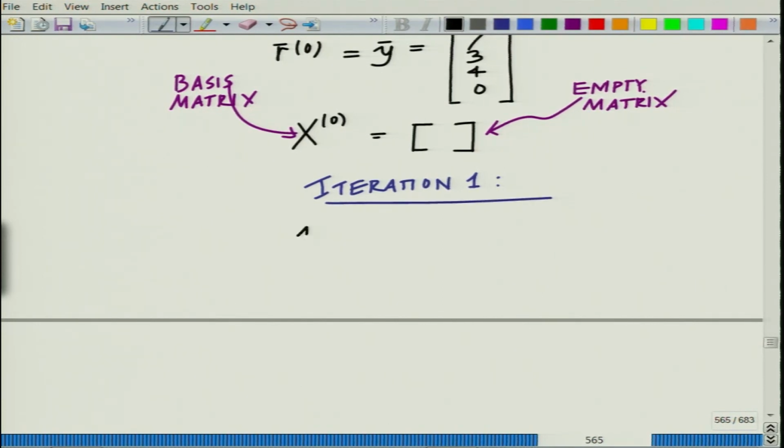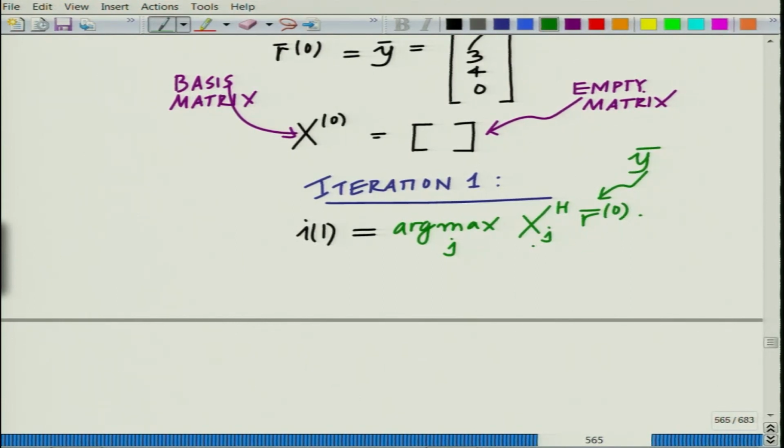Remember we have to find the index that has the maximum projection, that is the column of x on which y bar, or essentially the residue from the previous iteration, which in this case is nothing but y bar, has the maximum projection.